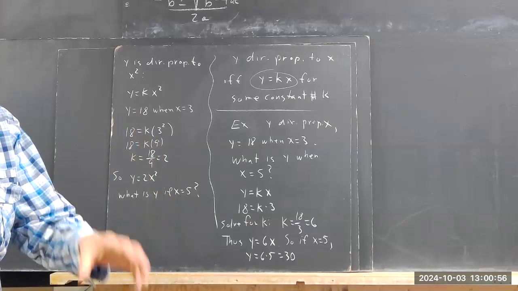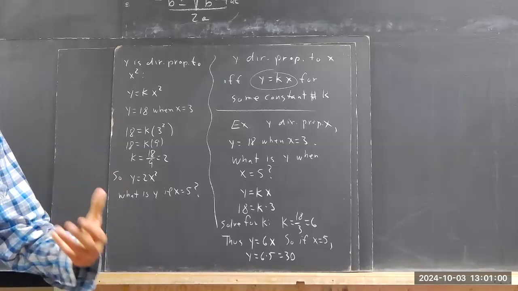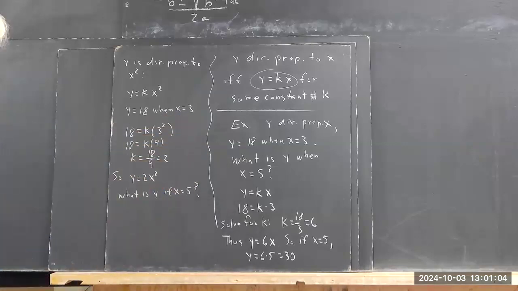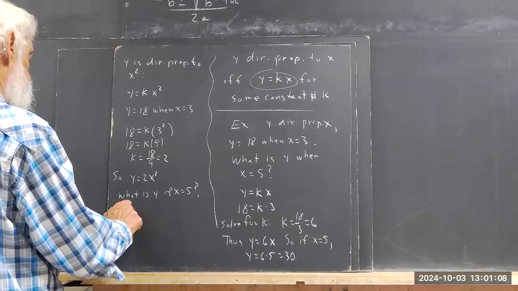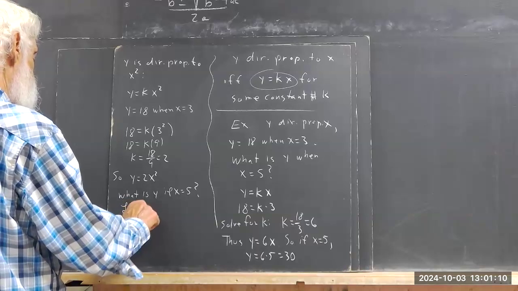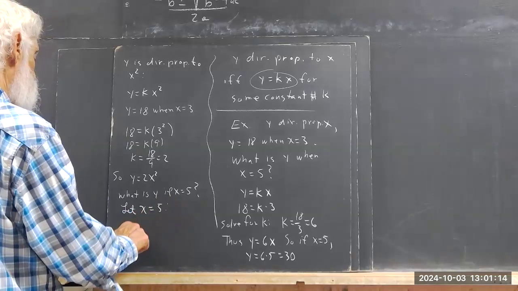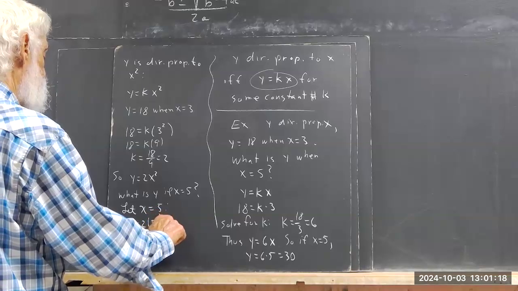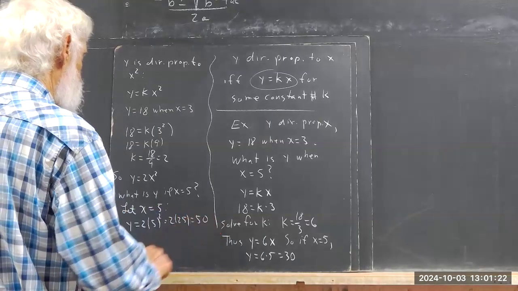But still, that's a more complicated thought, and one that's much easier to trip over than just doing this. X equals 5, we get y equals 2 times 5 squared equals 2 times 25 equals 50.